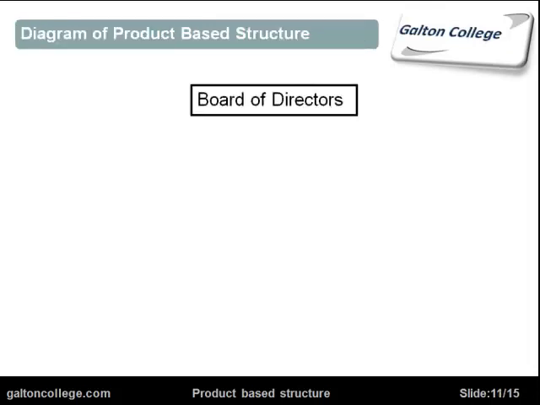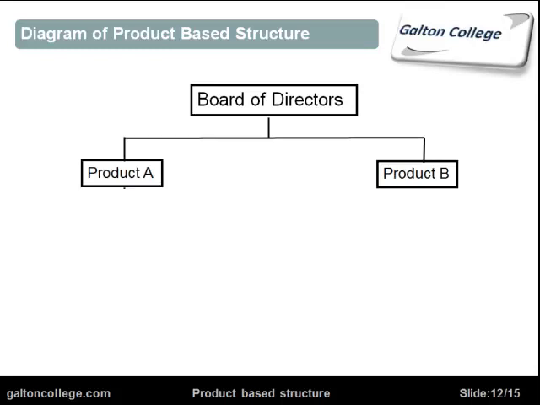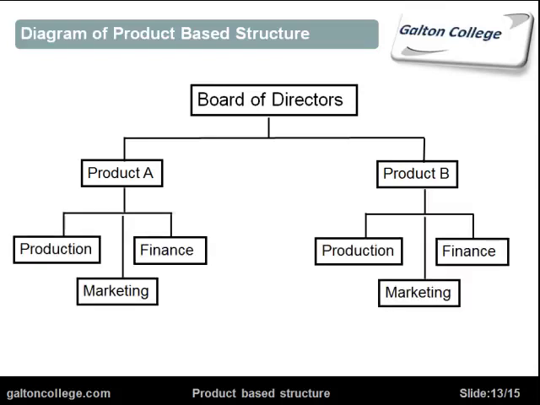Now let's have a look at what's meant by this. Well, we have a board of directors, and we have, let's say, 2 products. Now these 2 products belong to this company. The 2 products are, let's say, A and B. Well, in this case, with the product-based system, there would be 2 production facilities, one making product A and one making product B. But you'll note here that each of the facilities has got its own production, finance, marketing, HR.